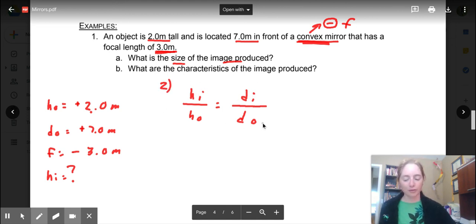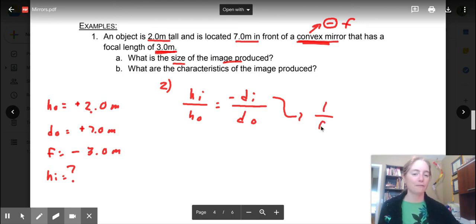And my first step is, I dropped my negative. Don't drop negatives. In order to get my DI, I am going to have to use this equation. So step 1, get your DI.